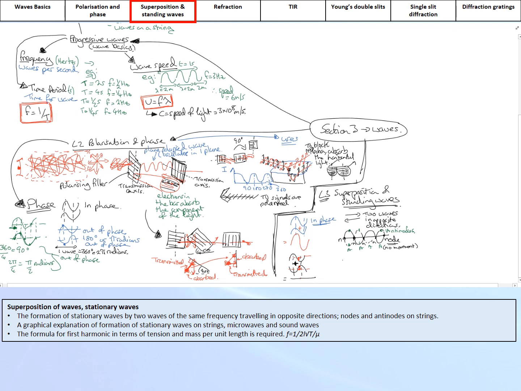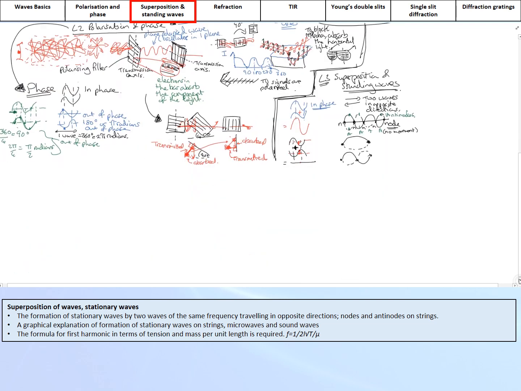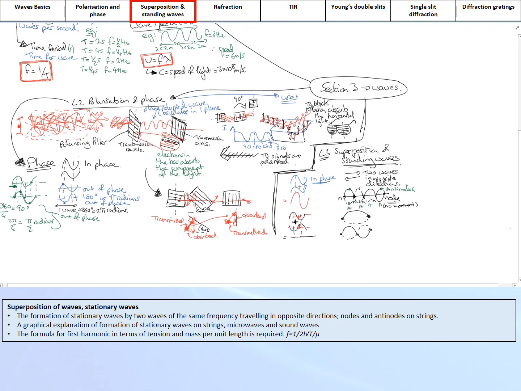Now, there's lots of different ways of setting up a standing wave. We could set one up, supposing it's a string and it's fixed at both ends. We could set up one like that, or we could set up one like this. Or if we scroll down a bit, make a bit more space, we could set up one like this, where we have one loop, if you will, so it goes up and back down, or two loops or three loops, and these are called harmonics.